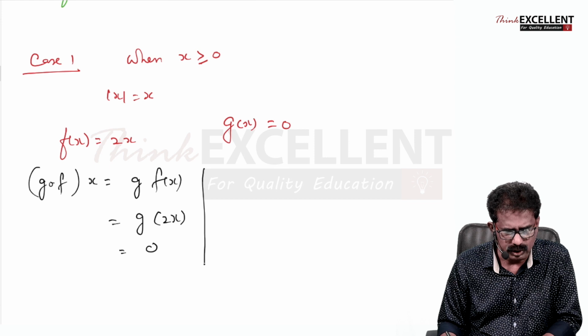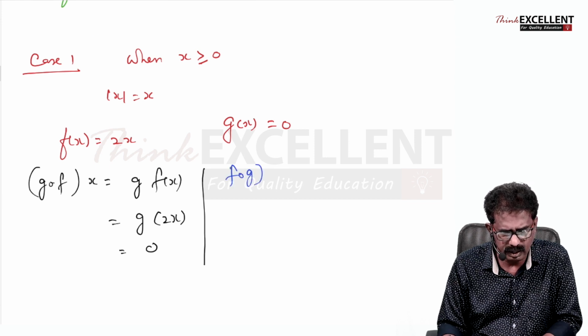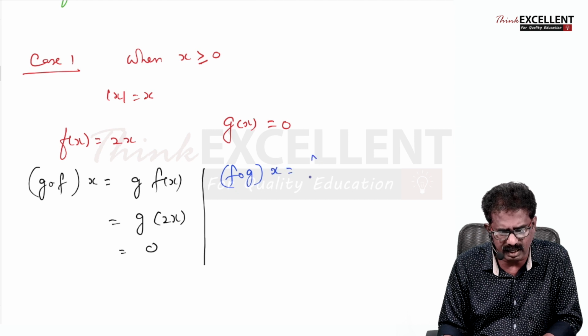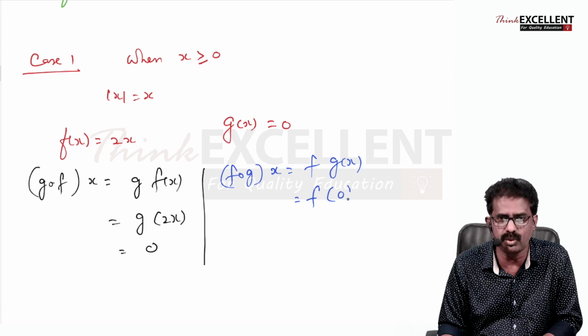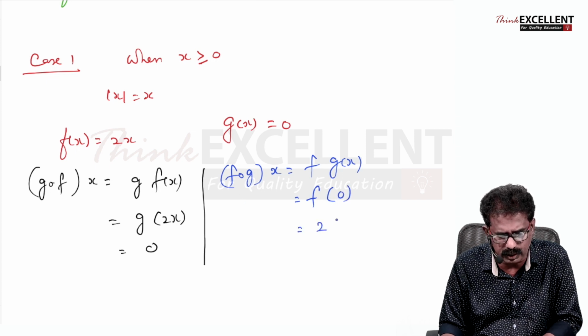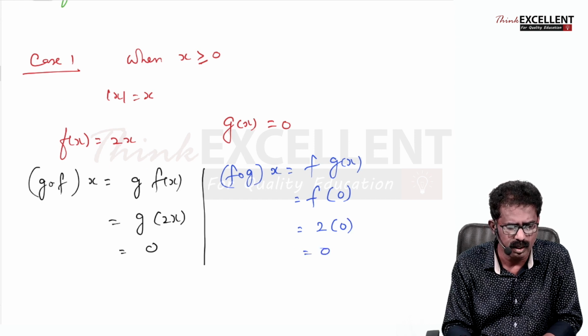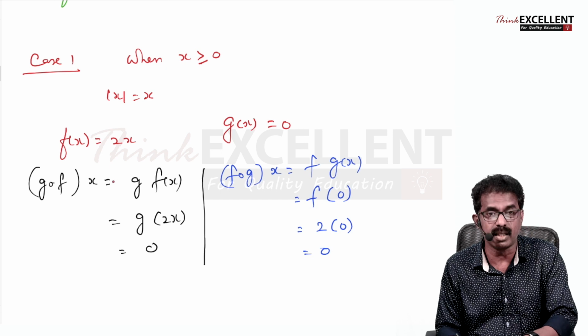This is g composition f. Now we want f composition g also. So f composition g of x is f of g of x. That is f of, what is g of x? 0. So put this 0 in f, that is 2 into x, 2 into 0. So that answer is also 0. This is in the first case, when x is greater than or equal to 0.